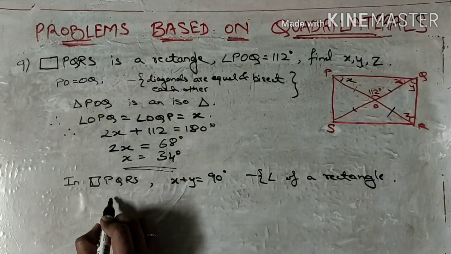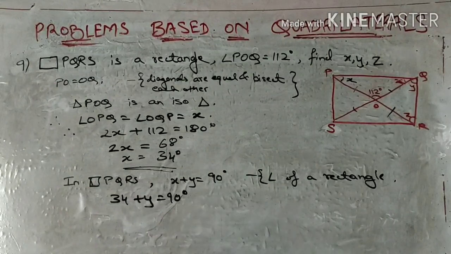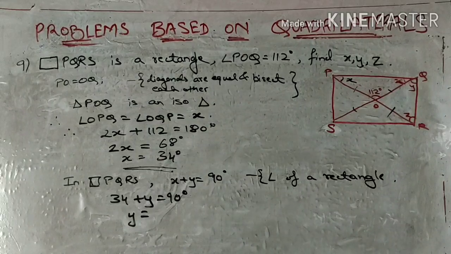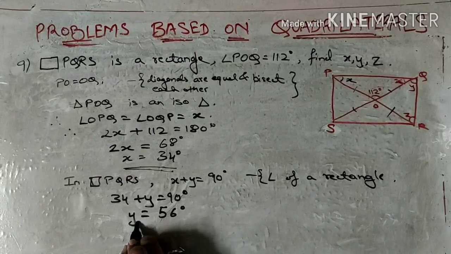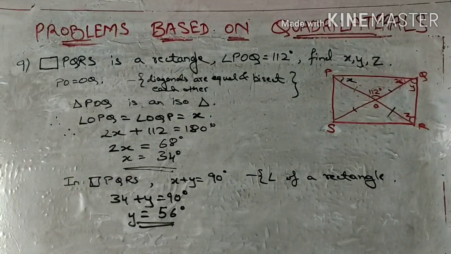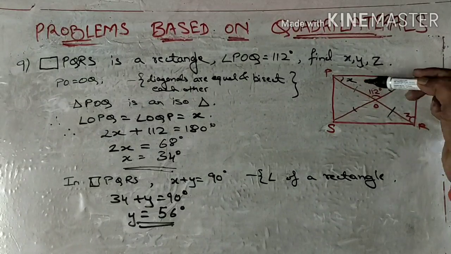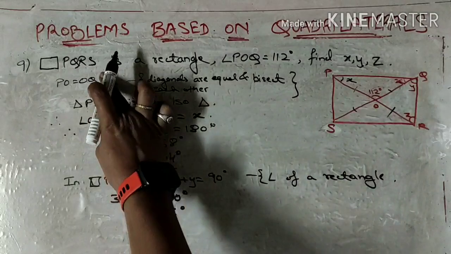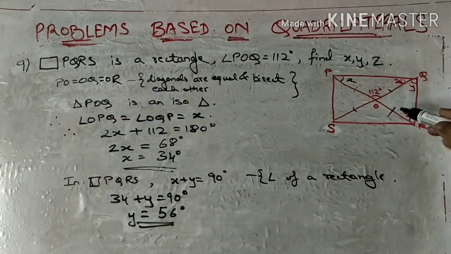Therefore X we already know, 34 plus Y is equal to 90 degrees. Therefore Y is equal to 90 minus 34, that is 56 degrees. Now what is left is Z. So since we have already stated PO is equal to OQ, I'll write over here is equal to OR because I need OR over here to prove that Y is equal to Z.